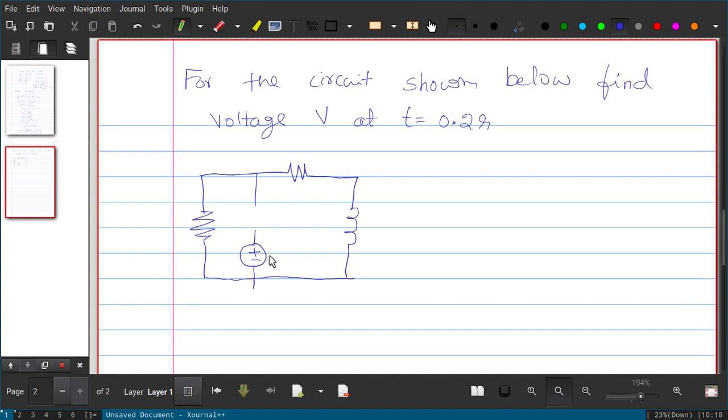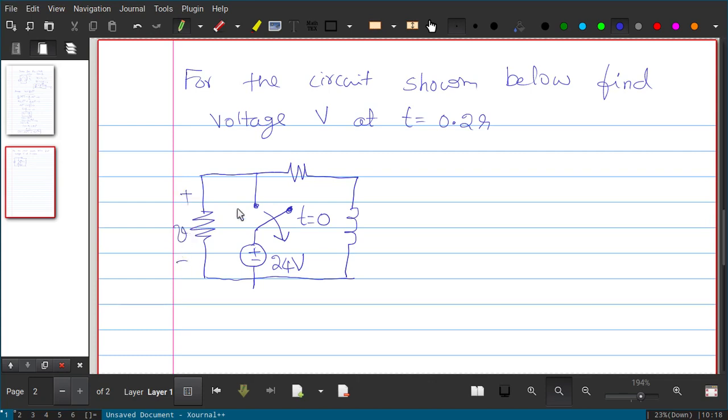This is a voltage source with value 24 volt, and here we have a switch, and the switch direction is given like this at t equal to 0, and V is the voltage across this.